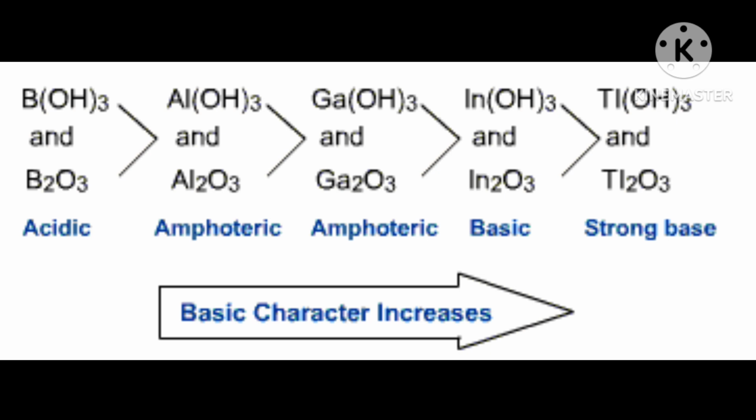Again, I am reading the question. The standard electrode potential value of E0 for Al3+ converting to aluminum, meaning Al3+/Al reduction, is minus 1.66 volt.